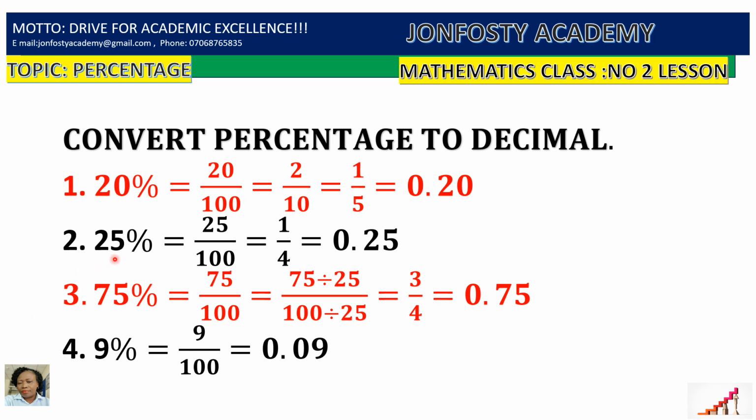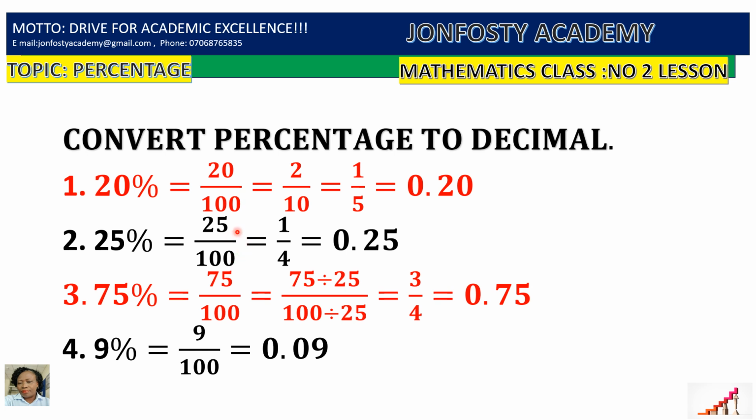In question 2, convert 25% to a decimal. When converting it to a decimal, we'll start by saying 25 all over 100. And this 25 over 100, we'll further divide.